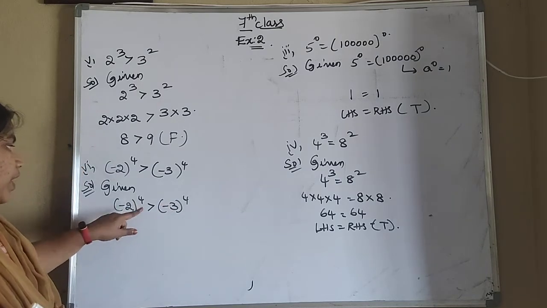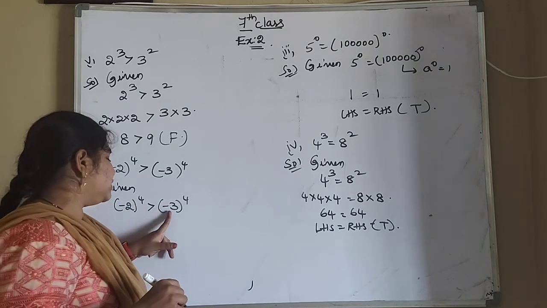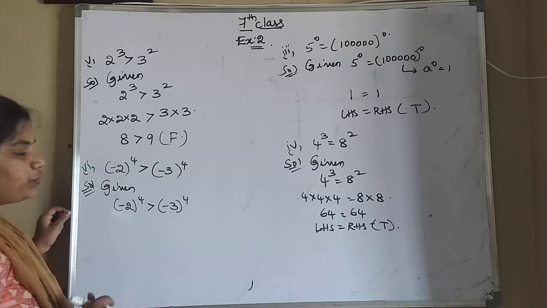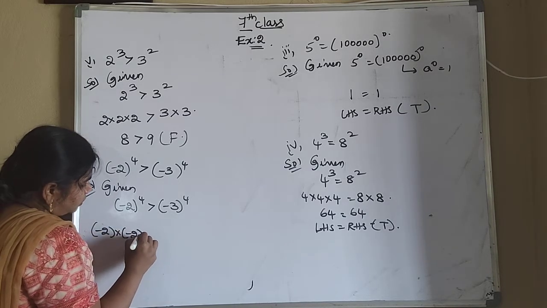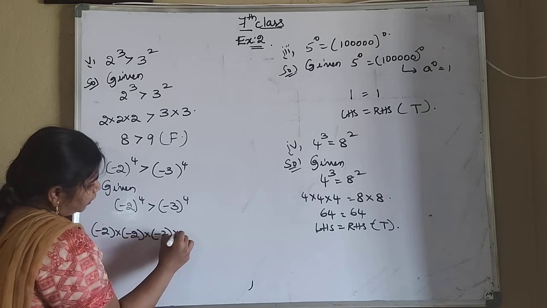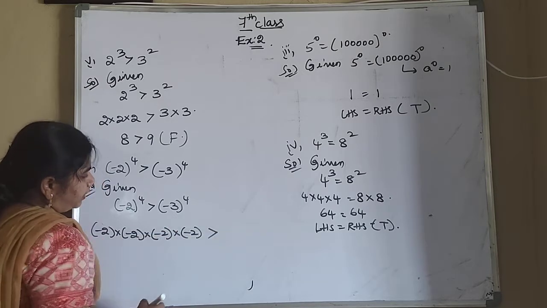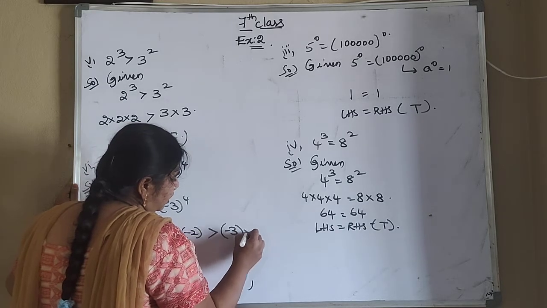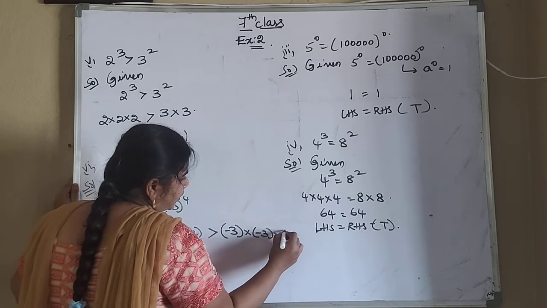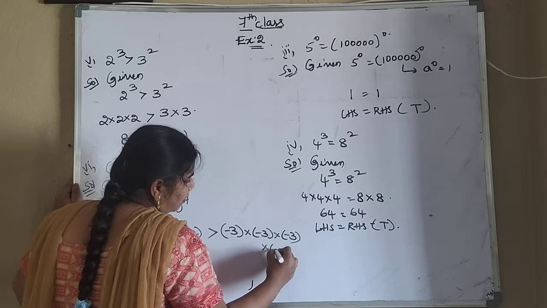So minus 2 we have to multiply 4 times, as well as minus 3 we have to multiply 4 times here. So minus 2 into minus 2 into minus 2 into minus 2 is greater than minus 3 into minus 3 into minus 3 into minus 3.